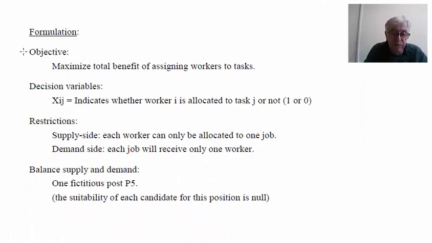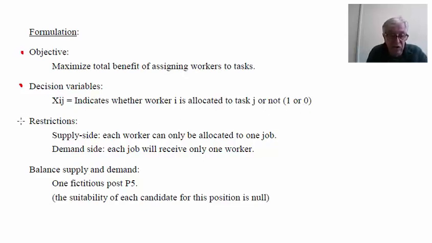So to formulate the problem, we must begin by identifying the objective. In this case, it is to maximize the total benefit of assigning workers to the tasks. The decision variables xij will indicate whether worker i is allocated to task j or not, but these variables are binary, that is, they receive the value 1 or 0, 1 if yes and 0 if not.